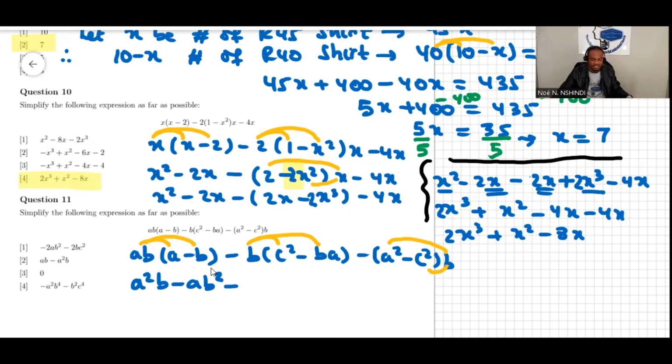Minus B times C squared makes BC squared. Careful, it's negative B, so negative B times C squared makes negative BC squared.